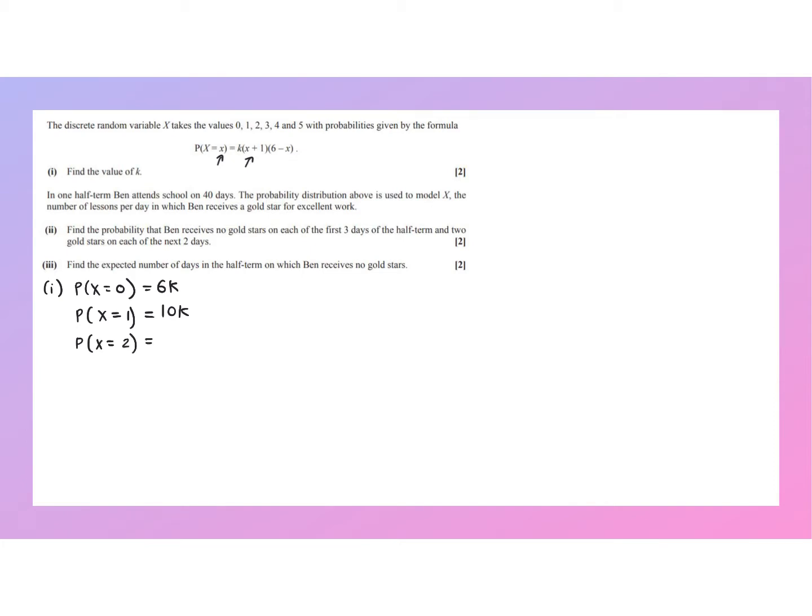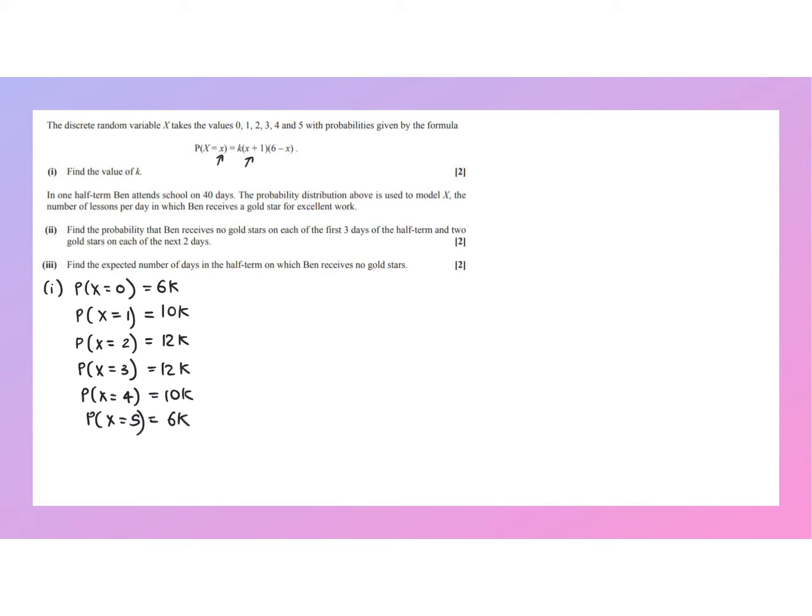So the probability that x is equal to 2, that's going to give us 12k. The probability that x is equal to 3, that's going to also give us 12k. The probability that x is equal to 4, that's going to give us 10k. And the probability that x is equal to 5, that's going to give us 6k again.